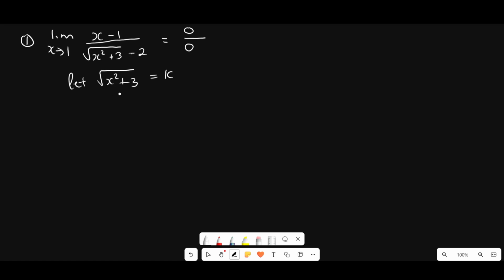And therefore we will have x squared plus 3 equal to k squared, and therefore x squared is equal to k squared minus 3, and x is equal to the square root of k squared minus 3.